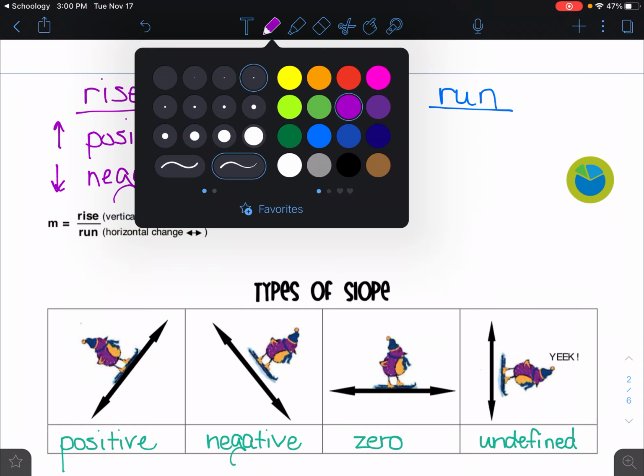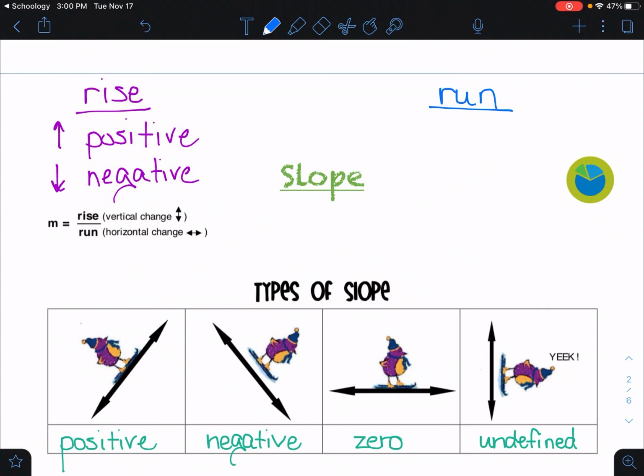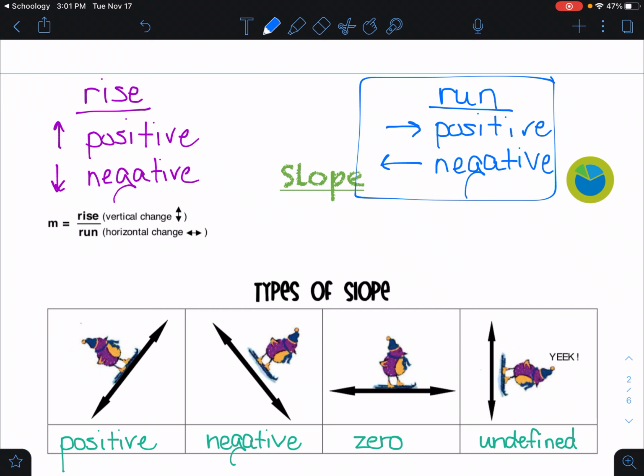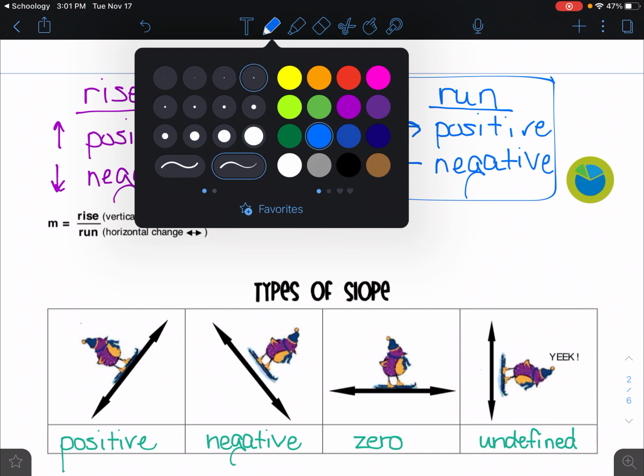Okay, and then rise over run. Run is side to side. If you go to the right, this is positive. And then if you count to the left, that's negative. These two things are kind of the things you want to keep in mind.